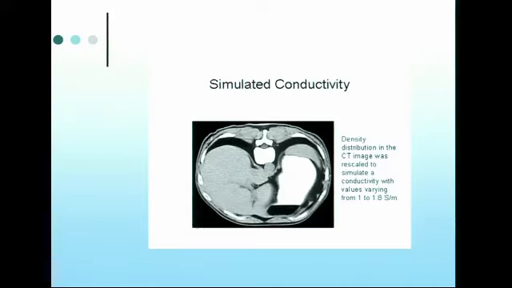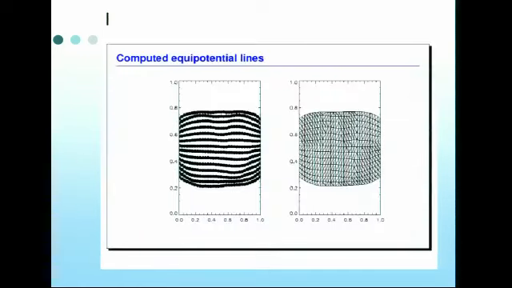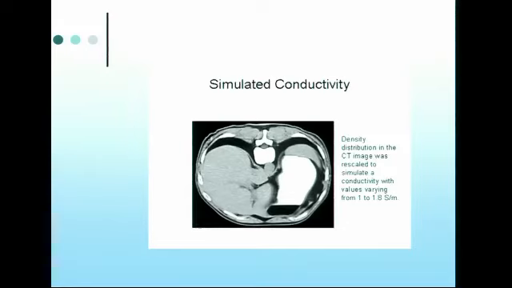Okay, so I have to stress this is simulated data. What we did is we just took a CT picture and we assigned conductivity values to the grayscale, somehow consistent with what's known about tissue. And then we computed the forward problem to obtain magnitude J. By we, I mean Alex Timonov.